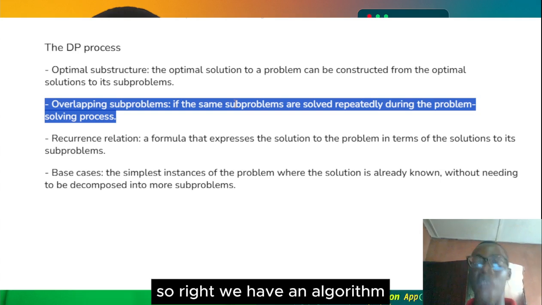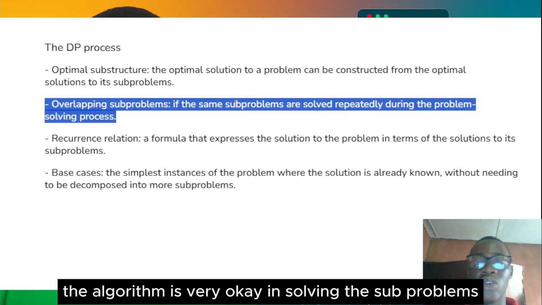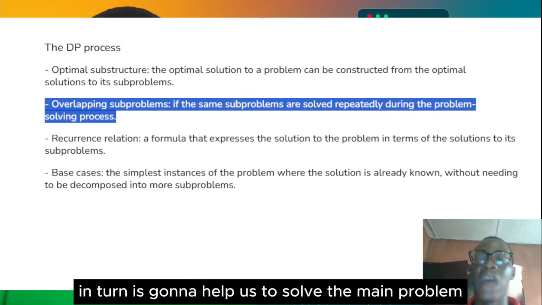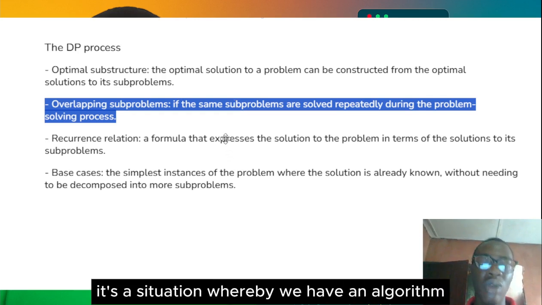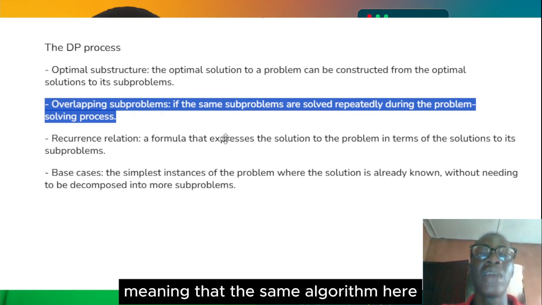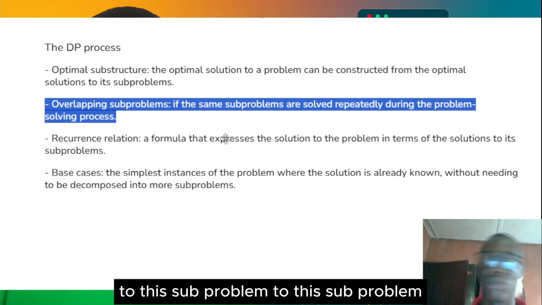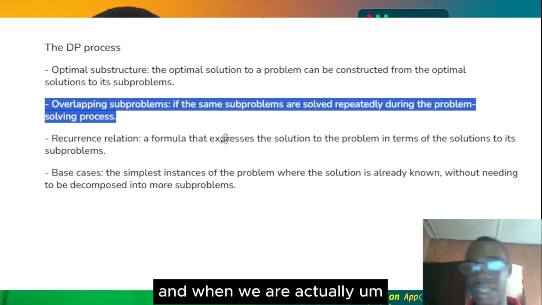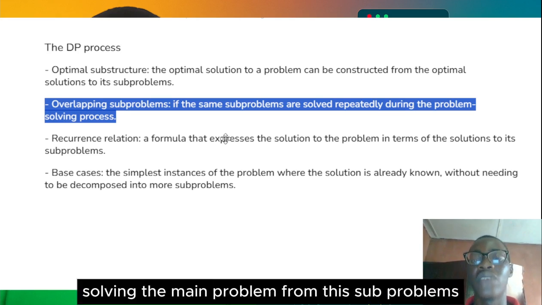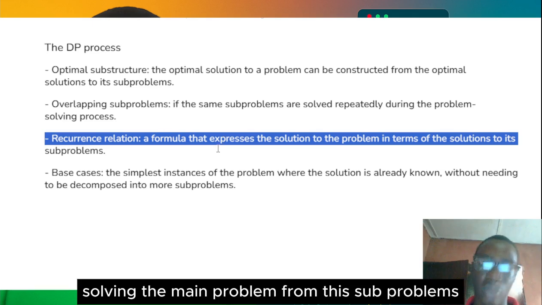So we have an algorithm that is consistent in solving the subproblems, the same algorithm applied to this subproblem, to this subproblem, to this subproblem, and when we solve these subproblems, we can end up solving the main problem from them.